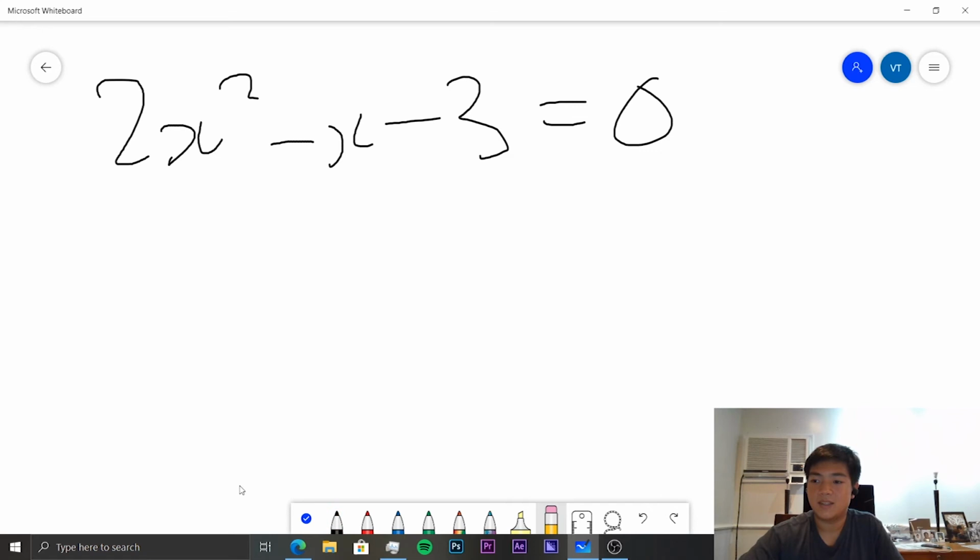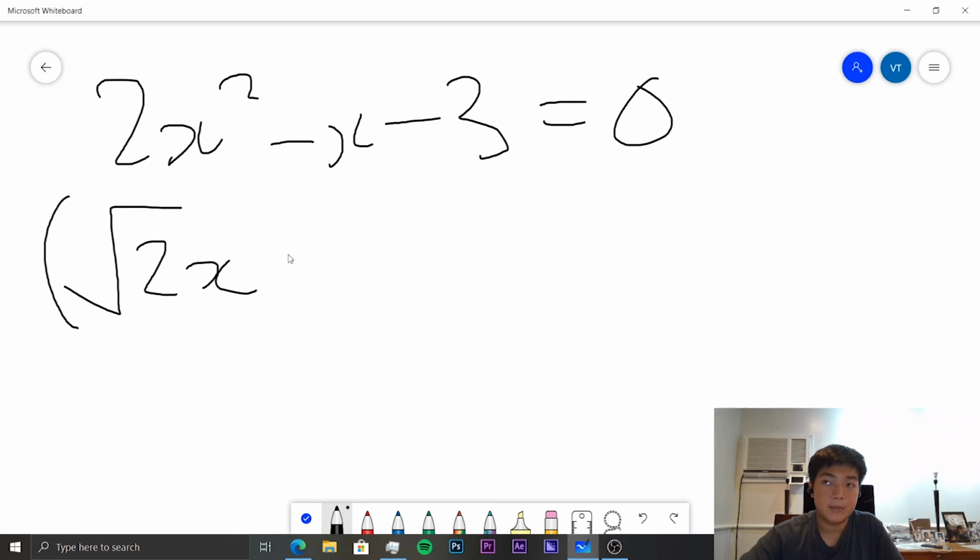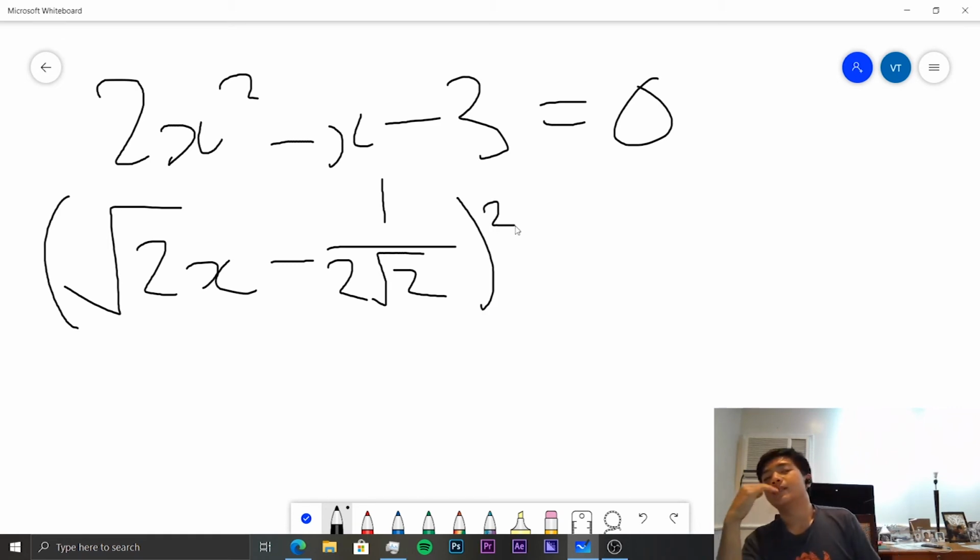Let me just check if this is correct. Root 2 times 1 over 2 root 2 is 1/2. Yeah, that looks correct. And of course, 1 over 2 root 2 squared is 1 over 8.